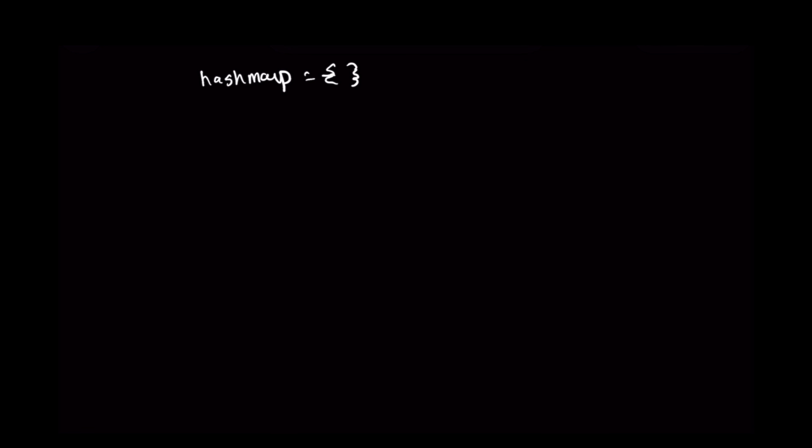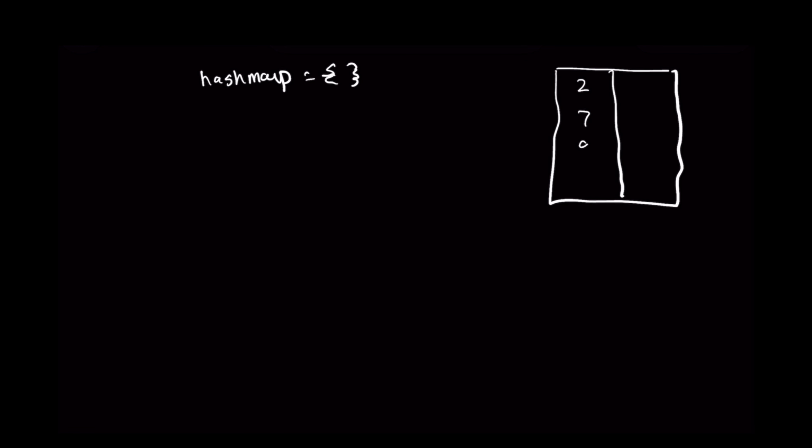So just to draw that out, say for example 1, we had 2, 7, 9, and 11. In our hash map, we would store 2 would be 0, 7 would be 1, 9 would be 2, 11 would be 3. So we have our key, and then we have our values. So these are key value pairs.